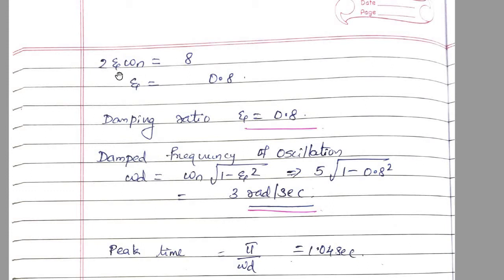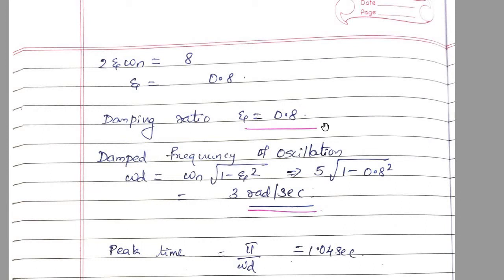The coefficient of s in the given transfer function is 8, so we can write 2 zeta omega n equal to 8. Now, by substituting the value of omega n equal to 5, we can find the value of zeta, the damping ratio. The value of zeta is equal to 0.8.